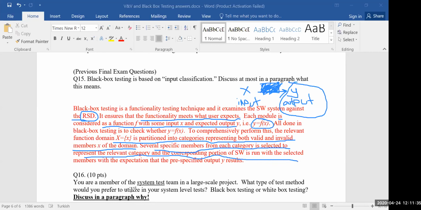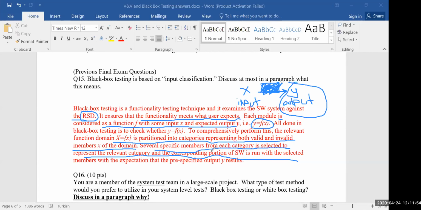So pay attention here, please. We are just selecting some specific values from each category and performing the functional testing with those values only.